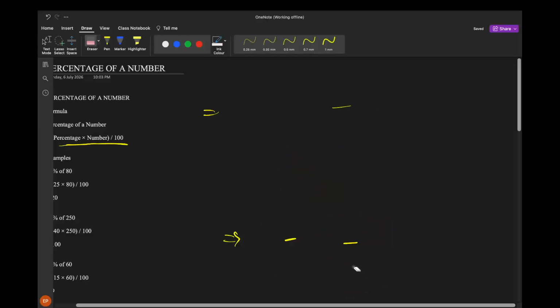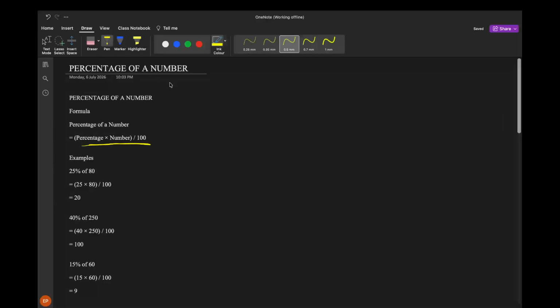Now we'll see the general formula to convert percentage of a number, or we can calculate a number for a percent also. Suppose I got 20 marks out of 80 marks. This is my total marks on one side, and what I am getting is on the other side.